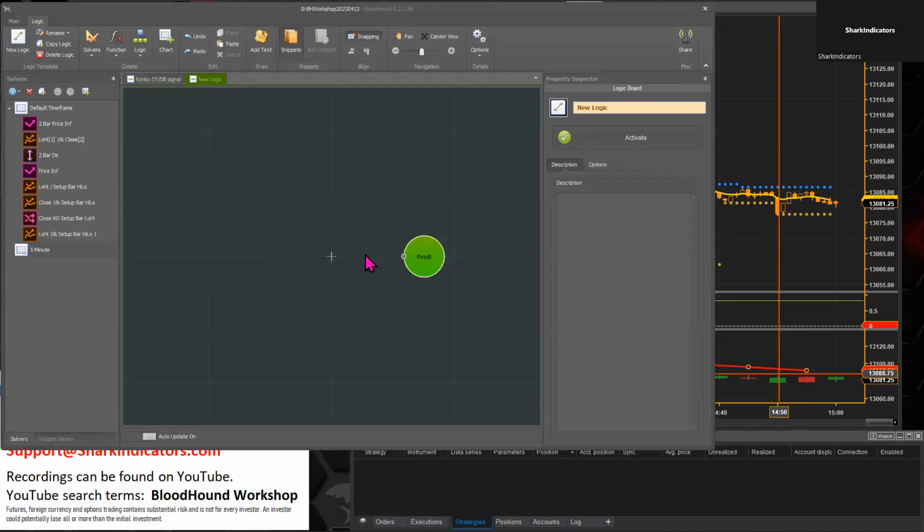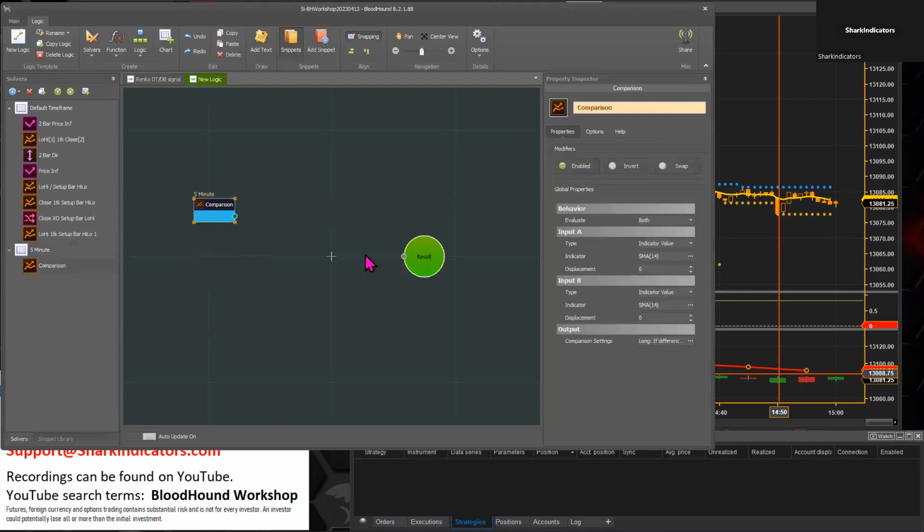There's our comparison solver. You'll notice it has a label, 5 minutes, above the solver, so that tells you which time frame or chart this solver is running on.